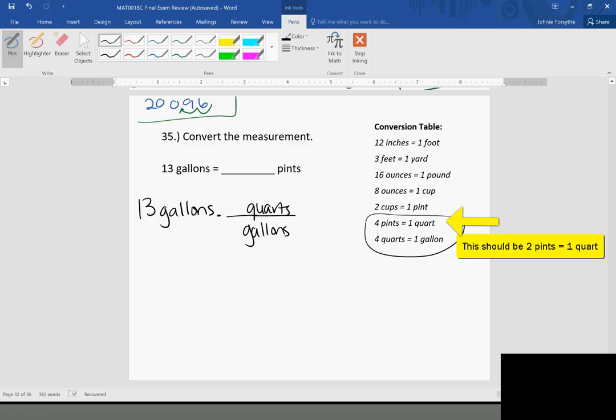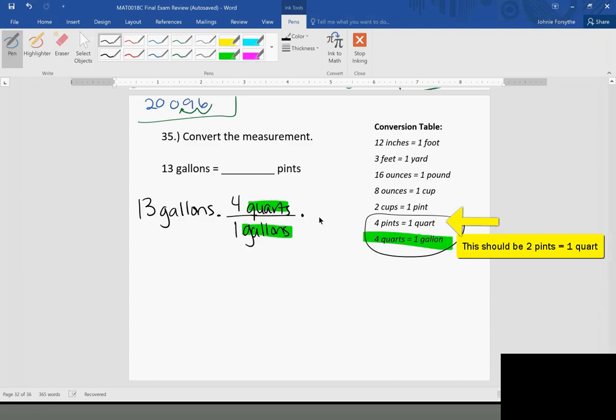Why did I put the gallons on the bottom? Because when I multiply, the gallons will cancel out and I'll end up with quarts. So I know that 4 quarts equals 1 gallon.